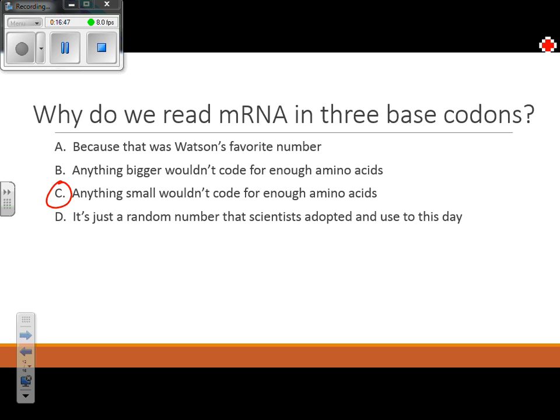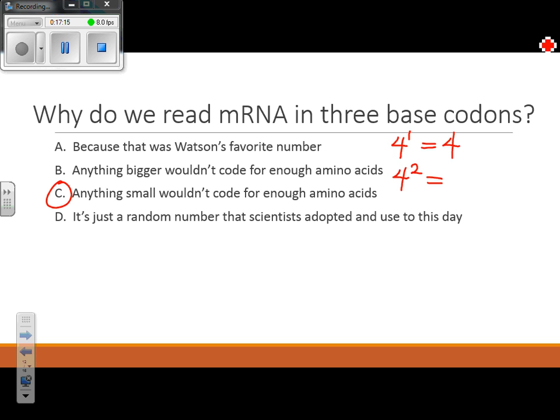So this is where we said, okay, I have 4 nitrogen bases. I have 4 bases that I can use here. If each base coded for a single amino acid, I would only be able to create 4 amino acids, which we know is not enough for living things. We need at least 20, okay? So then we said, okay, let's say each codon consisted of 2 bases.